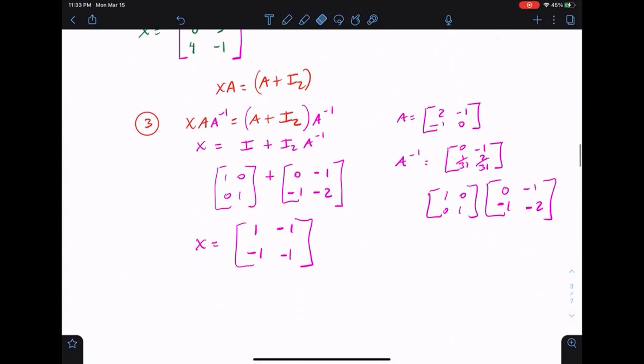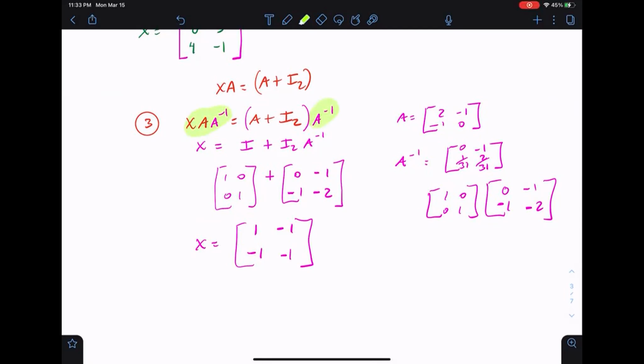When you calculate A inverse, it's the same steps. We multiply A inverse to the right, so you get X here, and then you get the identity here.